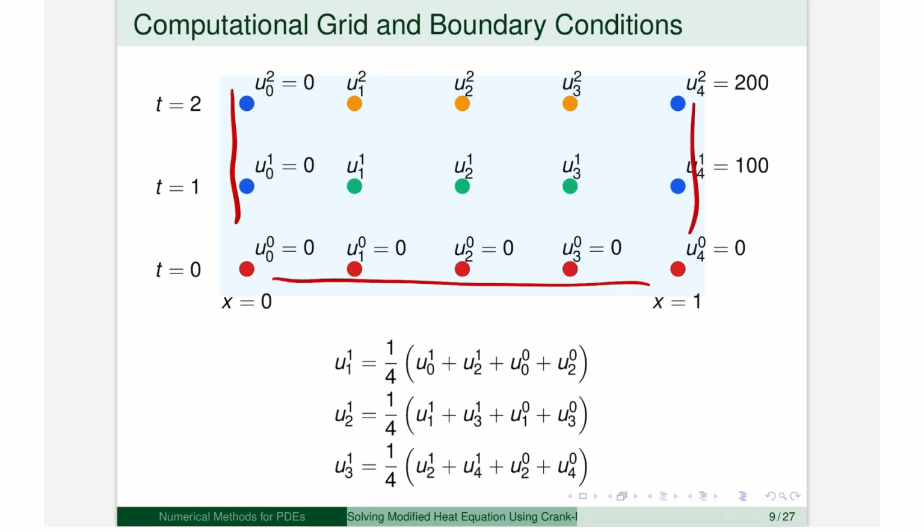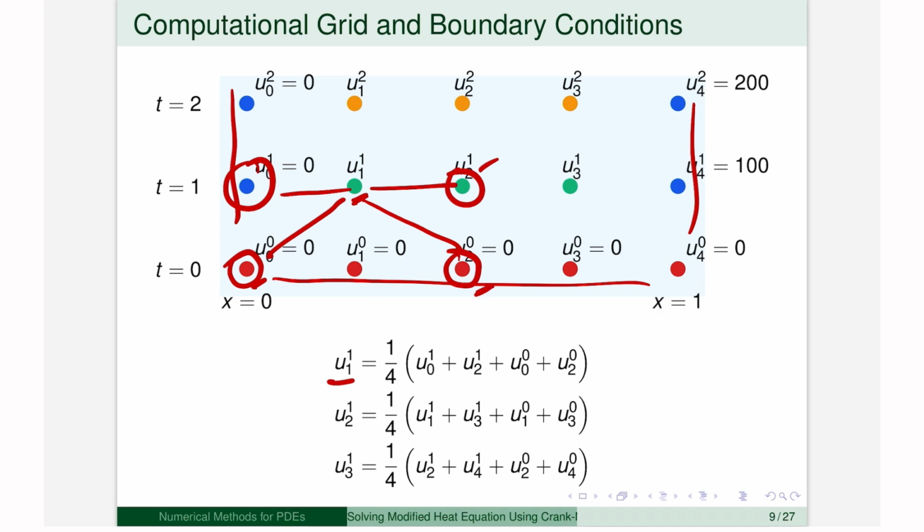If we want to calculate this value, I need these four node values: u01, u21, u00 and u20. But we don't know this value yet.